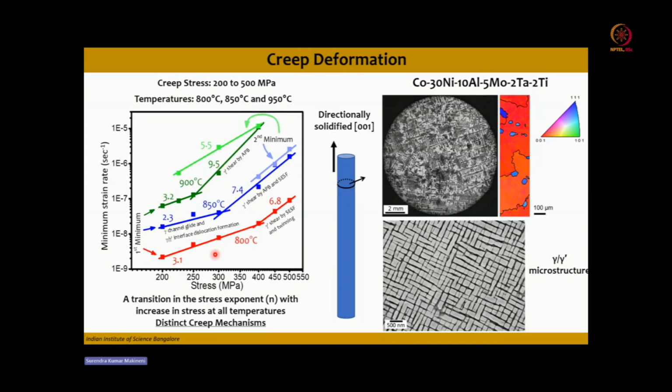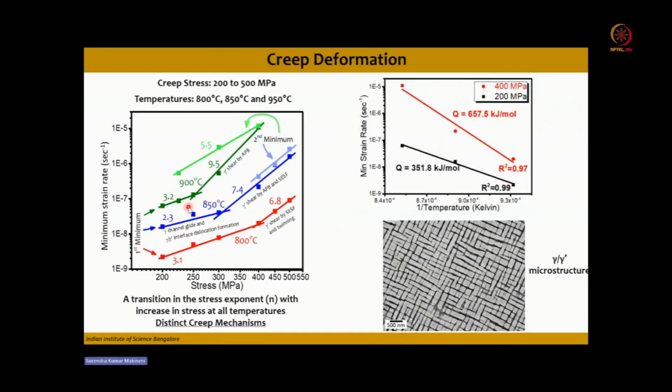Correct? So there is a transition in the slope. This is called a stress exponent, which is n. And with increase in the temperature, you can see that the transition happens at lower stress levels. Fine. So it means that at different stress exponents and temperatures, there are distinct creep mechanisms occurring.